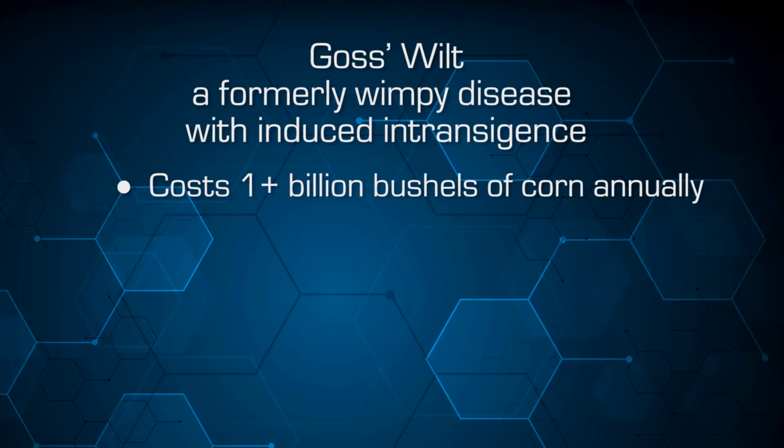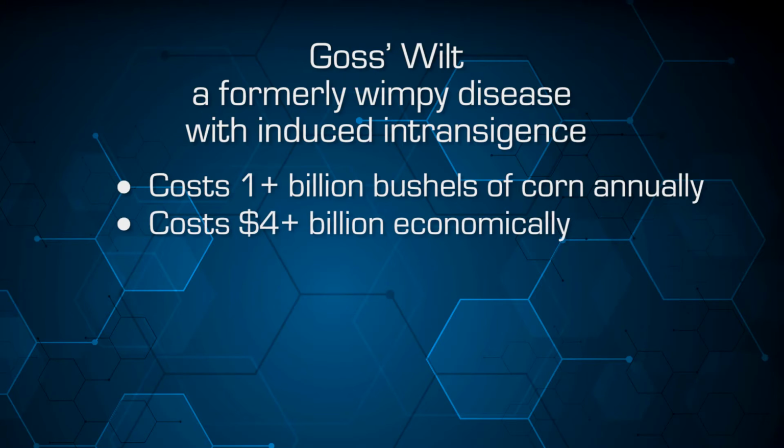Goss's wilt was formerly considered a very wimpy disease. We now see it with that induced intransigence, so that it costs us 1+ billion bushels of corn annually in the Midwest anytime we have a favorable environment for this disease to express itself.